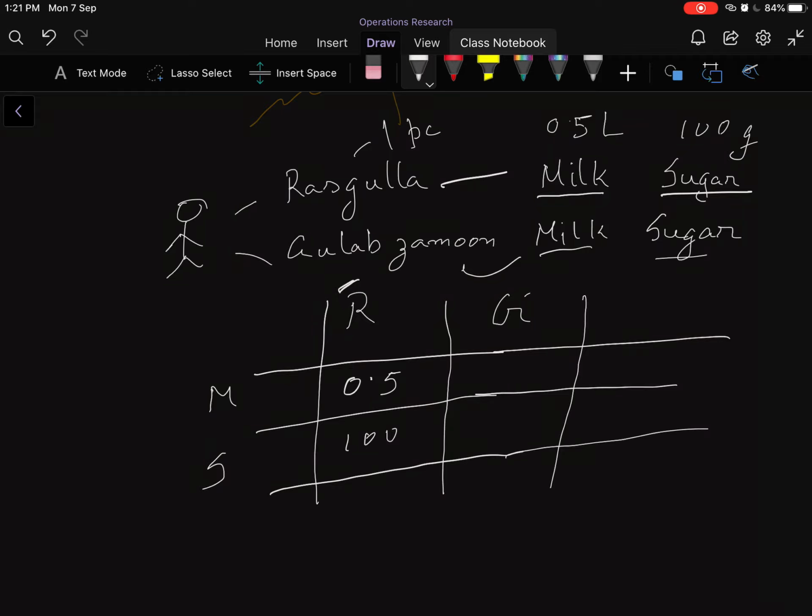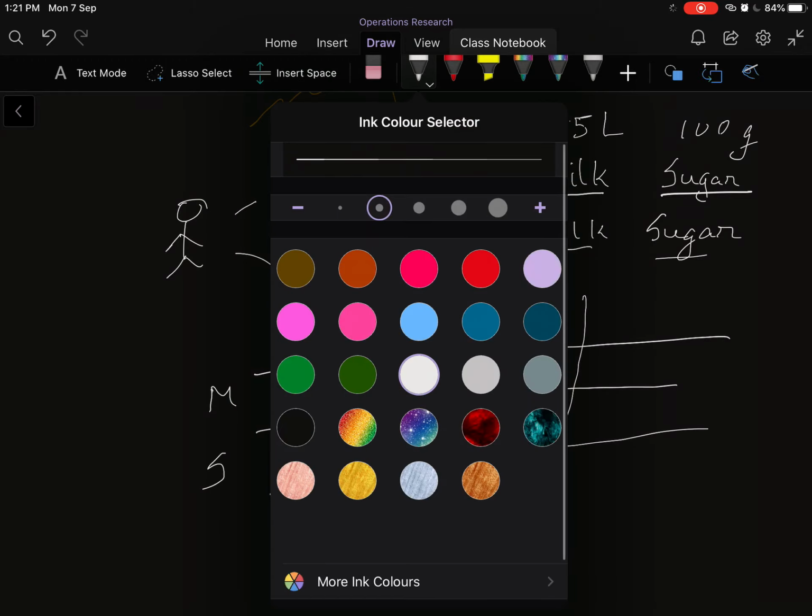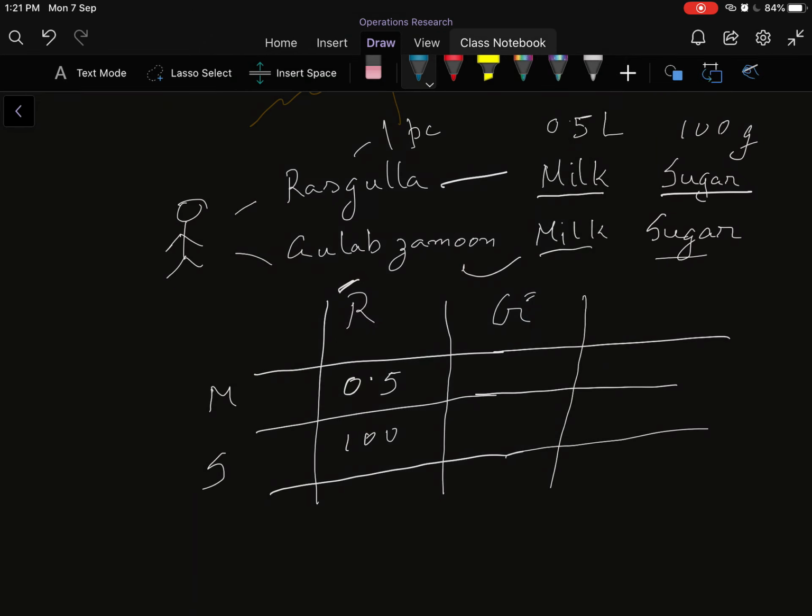Similarly, for making gulab jamun, let's assume that the person requires 0.6 liters of milk and 110 grams of sugar.